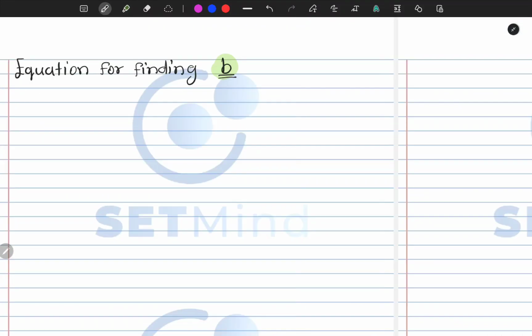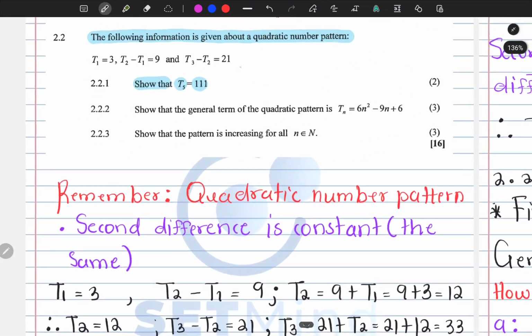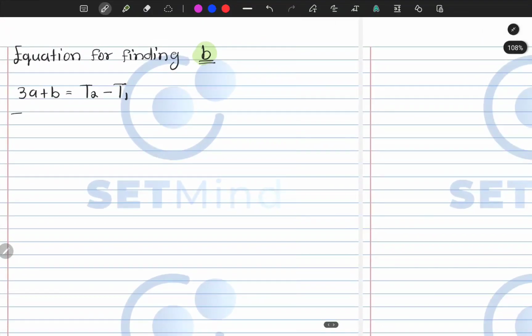The equation which we will always use to find b is this one. It will be 3a plus b. That should always be equal to term 2 minus term 1. So if you go to the previous page, you should be able to see that t2 minus t1 is 9. And we also have found our a to be 6.